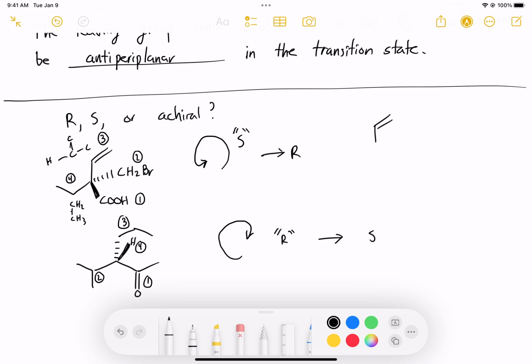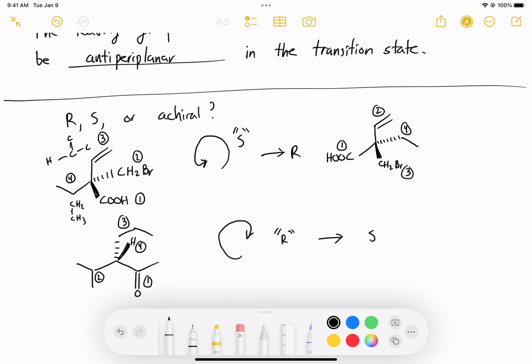So let's say this is our carboxylic acid group. If you don't know what that is, don't worry. Okay, so I think the substituent is still this. 1, 2, 3.